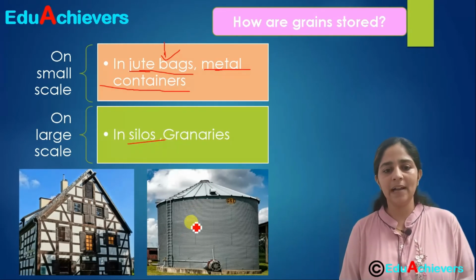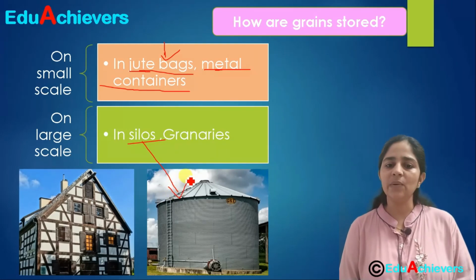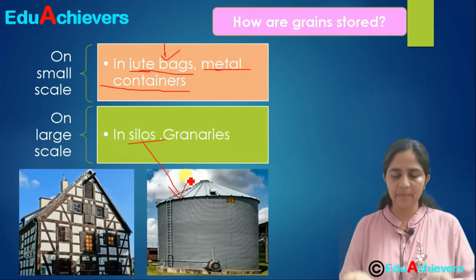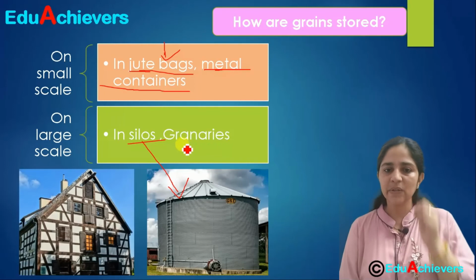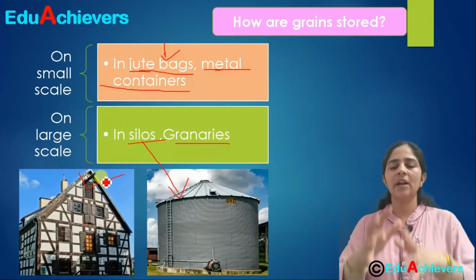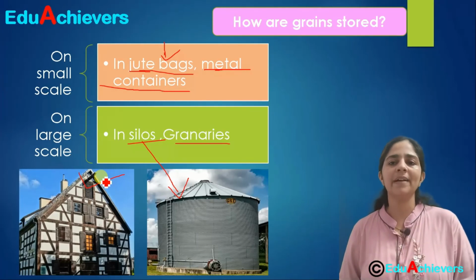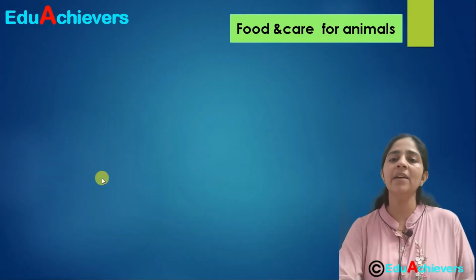Silos are like this, huge containers like this. So these are the silos. Different types or structures of silos are there. Some are made above the ground as well. And some are stored in granaries. Granaries are like this. There are many rooms in the granaries where different products can be stored. Fine, that is about how the grains can be stored.